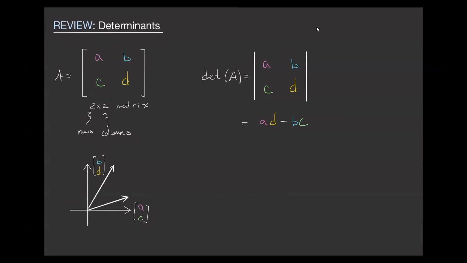Then the determinant is looking at the signed area of the parallelogram between these 2. So if you look at this area, and we call that A, it is going to be equal to exactly this number here.